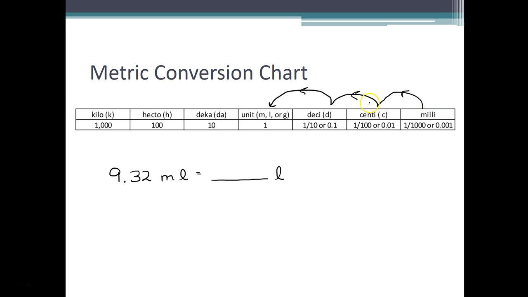So we had to go 1, 2, 3 hops to the left. So for our 9.32 milliliters, we're going to move the decimal 1, 2, 3 places to the left. So we get 0.00932 liters. Put the 0 in front of the decimal so that you can definitely see where the decimal is. Without it, the decimal might get kind of lost in people's vision.